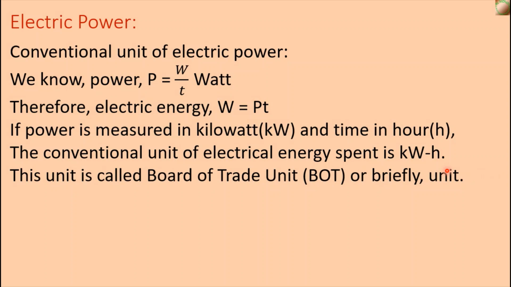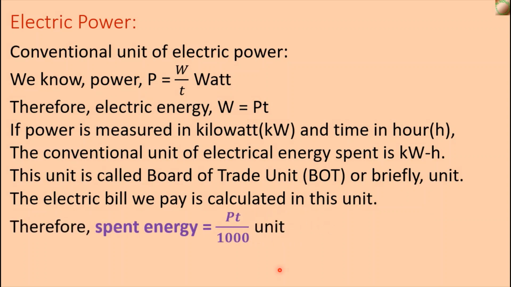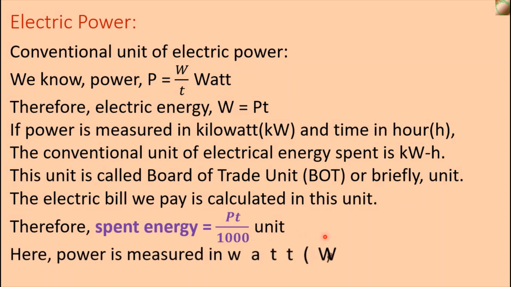This unit is called Board of Trade Unit, BOT, or briefly unit. The electric bill we pay is calculated in this unit. Therefore, spent energy is equal to PT divided by 1000 unit. Here power is measured in watt and time in hour. Here 1000 is for kilowatt.